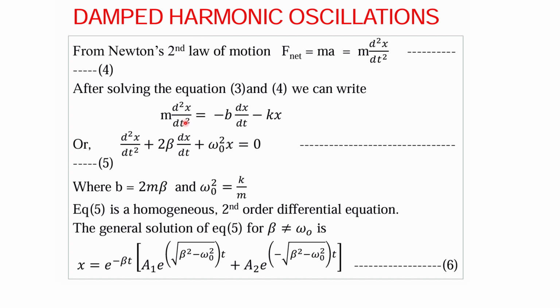This equation describes how the system's motion fades over time due to damping. Its solution shows that the displacement decays exponentially, meaning the oscillation gradually dies out, just like a swinging pendulum that slows down because of air resistance.